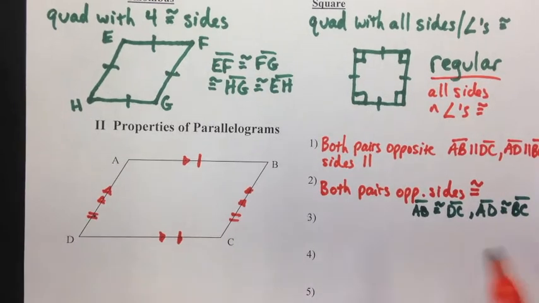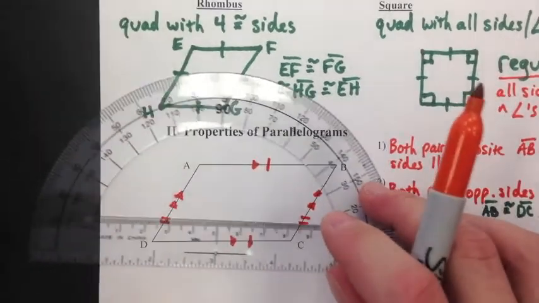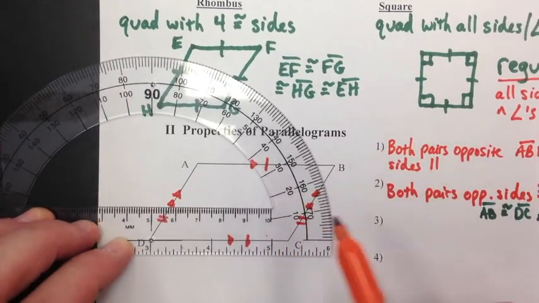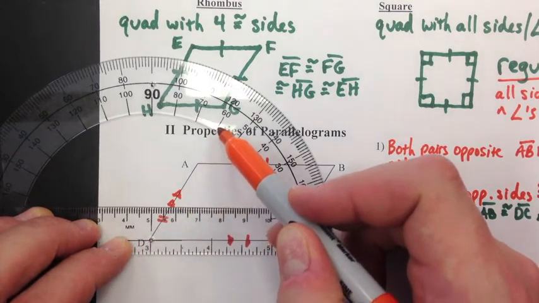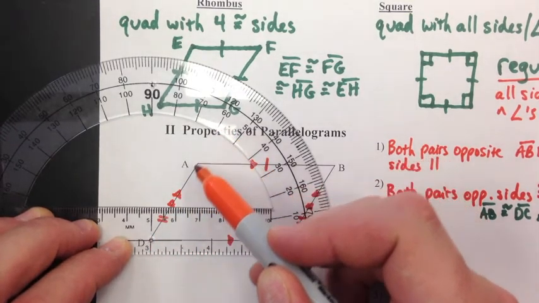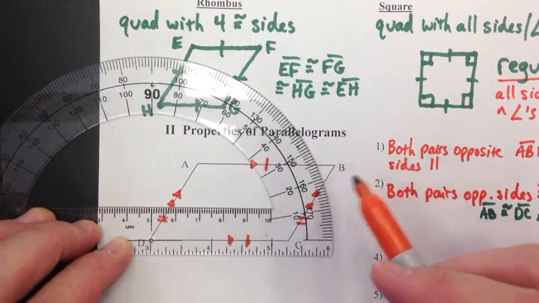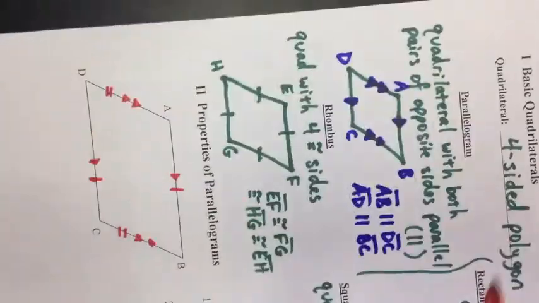Now, the third property, let's talk about angle measure. I'll do angle D. I'm going to use a protractor here. So let me line this up. Angle D, if I extend this, this goes to about 60 degrees. So angle D is about 60. Now angle B, which is the opposite angle, I'm going to turn this around.